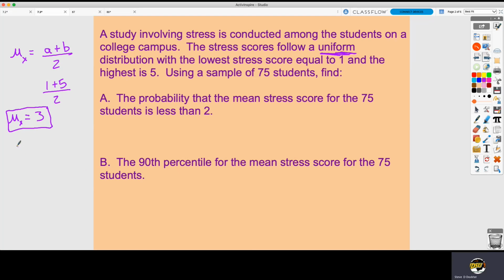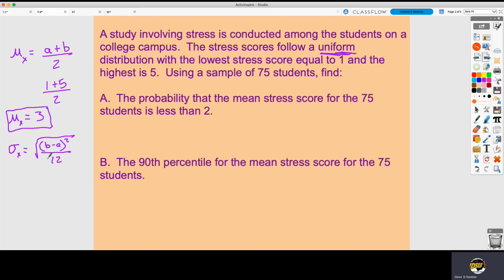The other one that we have to do is find the standard deviation of this. To find standard deviation for a uniform distribution, this is the square root of (b minus a) squared over 12. I was working on this last night. It took me forever to realize that the 12 is just part of the equation.